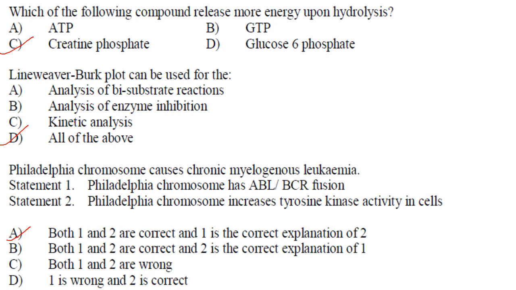This change in chromosome 22 result in what is called as Philadelphia chromosome. And this BCR-ABL fusion, it is found in patients with chronic myelogenous leukemia. And the product of this fusion, that is BCR-ABL gene, is a constitutively active protein tyrosine kinase that promotes cellular proliferation and suppresses apoptosis. So answer here is both 1 and 2 are correct and 1 is the correct explanation of 2.